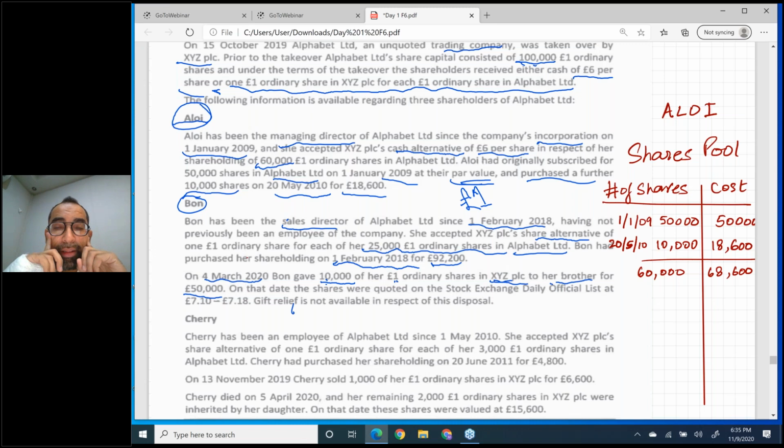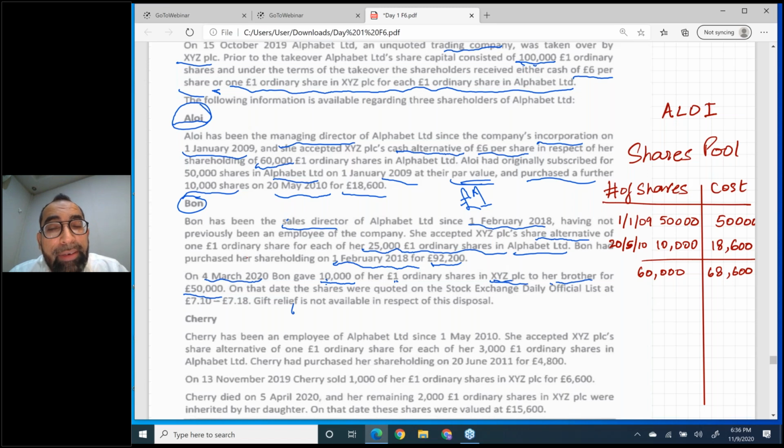Now wait, sister and brother are connected persons. Hope you remember that. So for connected persons, whenever you need to compute gain, you must use market value.